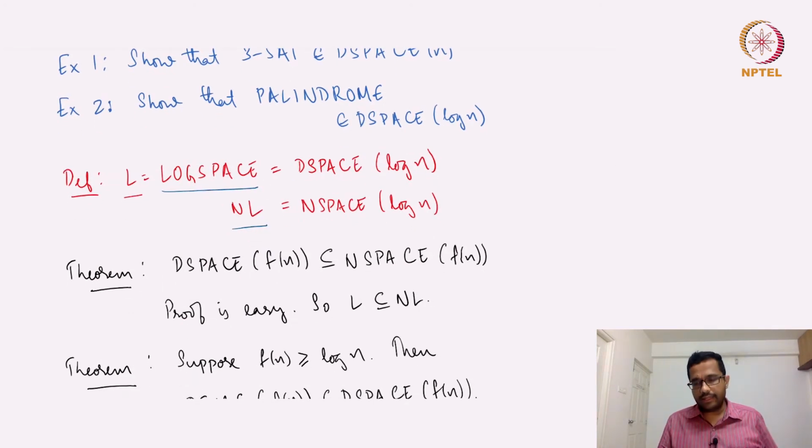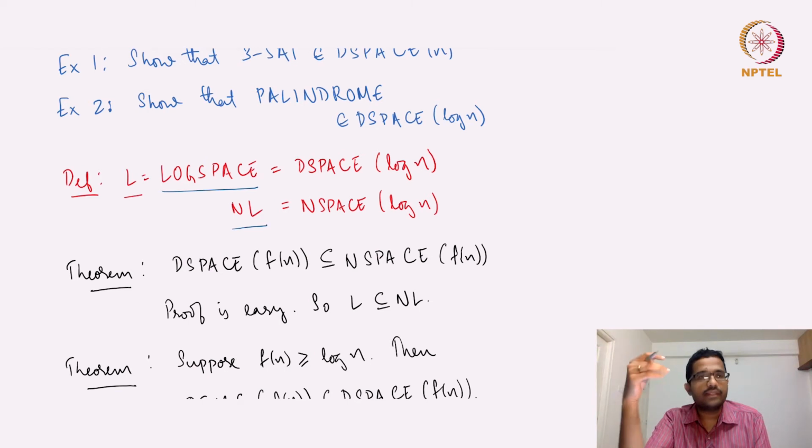Okay, so now let us see some basic relations between these. So we saw DSPACE, DTIME, NSPACE, and we'll see some relations between each one of these. The first: DSPACE(f(n)) is always contained in NSPACE(f(n)). Why is this?